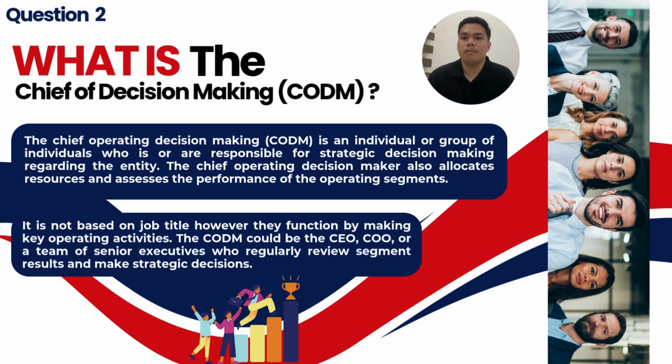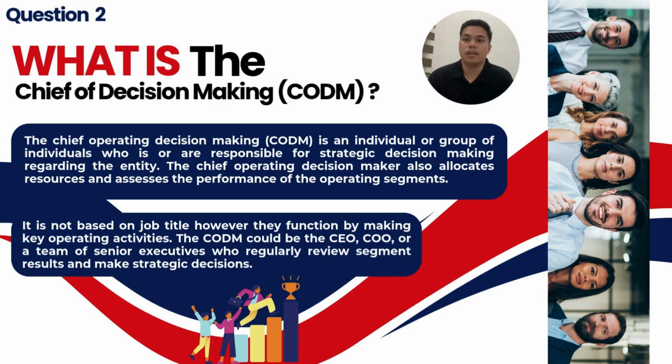So the CODM is identified based on what they do, not their job title. In other words, the CODM is whoever actually reviews financial and operational information. They evaluate segment results and direct the company's operation.